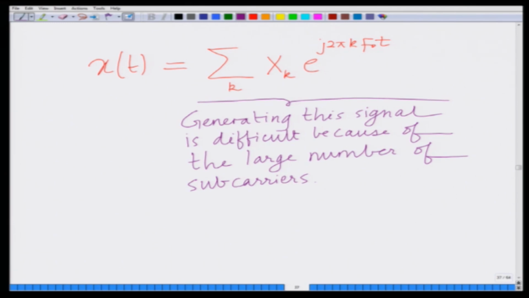The number of subcarriers can be as high as 1000, which means for each subcarrier, at each subcarrier frequency you need an oscillator, which means if you have 1000 subcarriers, you need 1000 oscillators.